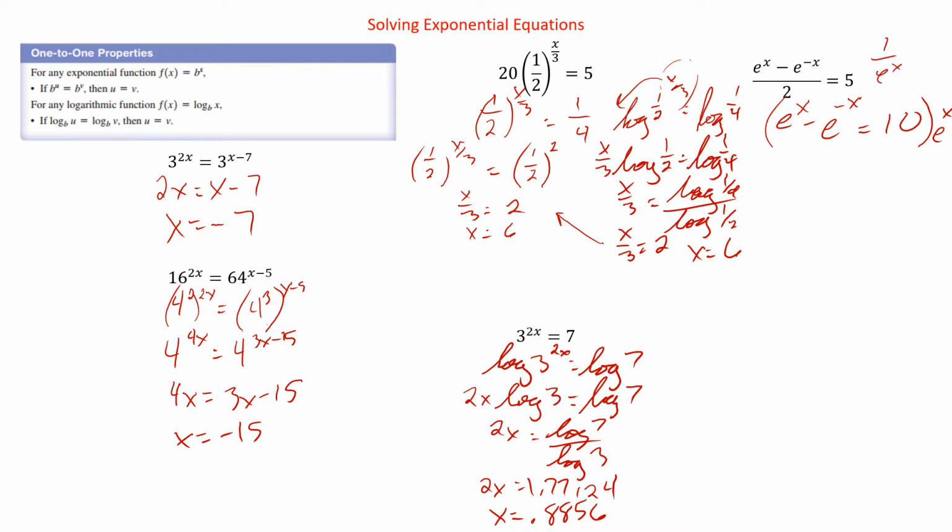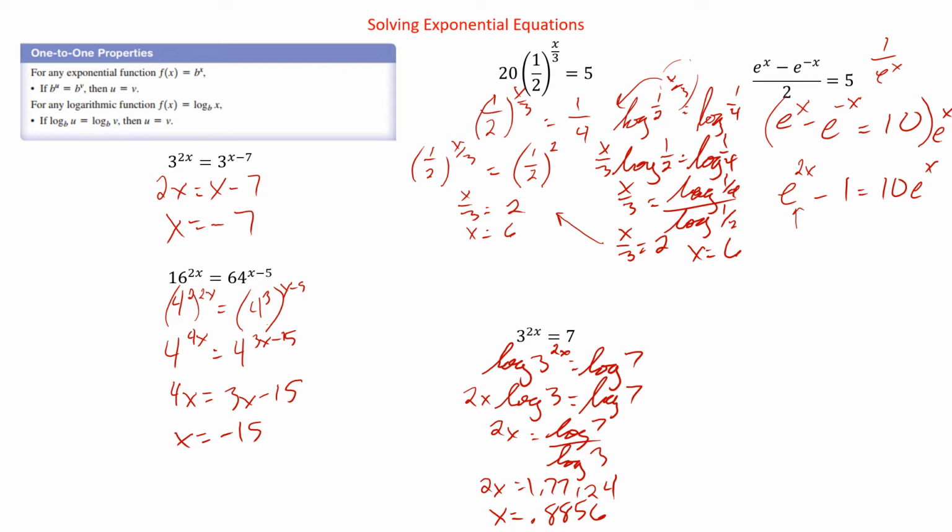Now when we multiply everything by e to the x, we'll have e to the 2x minus 1 equals 10 e to the x, which doesn't look like it's much easier to deal with, but I'm going to move this 10 e to the x over, subtracting it, and I'm going to rewrite this ever so slightly.